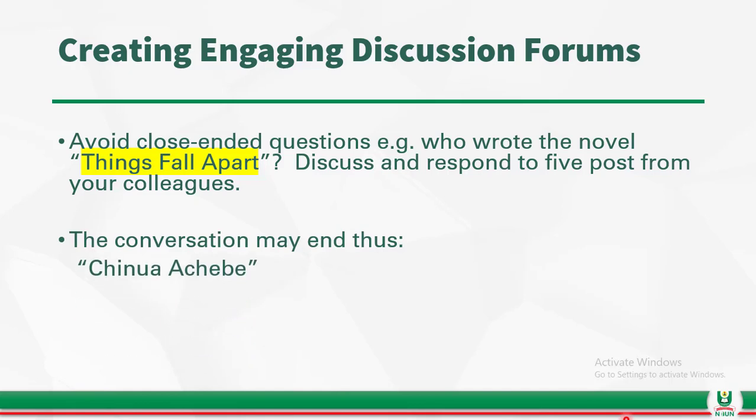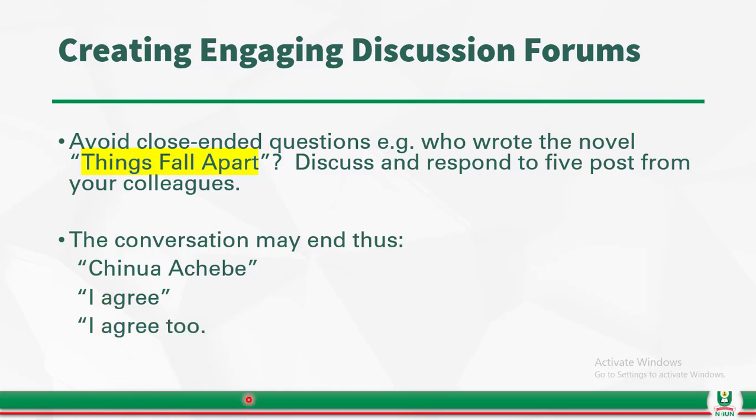Chinua Achebe. We know Chinua Achebe wrote it. And if one person puts Chinua Achebe and is right, although not everybody may get it, let's assume one person out of 20 or 30 in the class just wrote Chinua Achebe. What will follow? Another person will just put there, I agree.